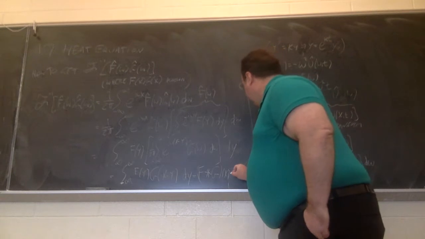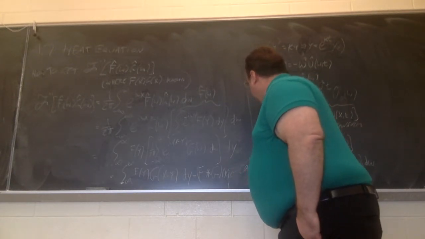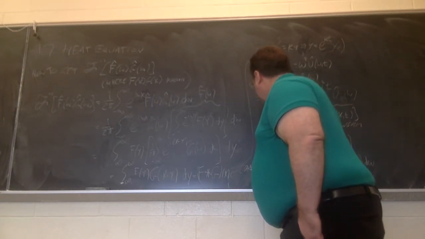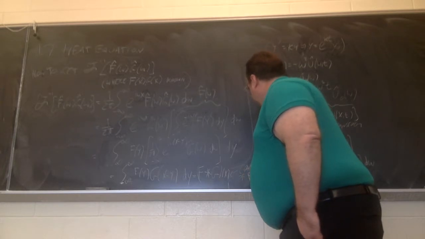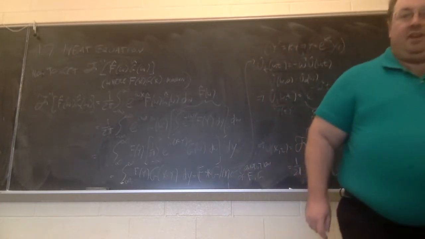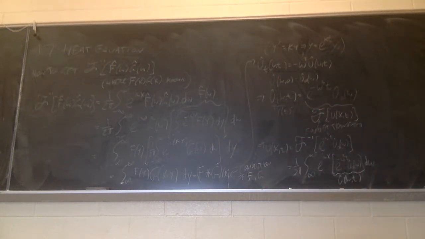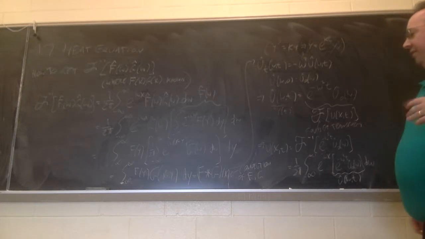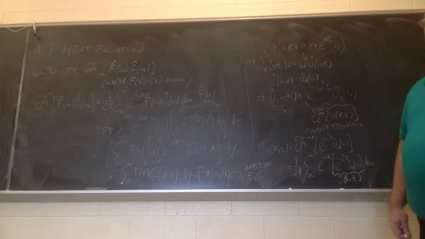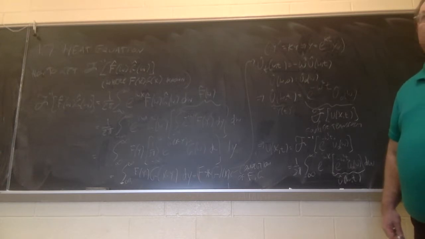And this is the convolution of f and g. That's just the definition of it right there. So the inverse transform of a product is the convolution of the inverse transforms.